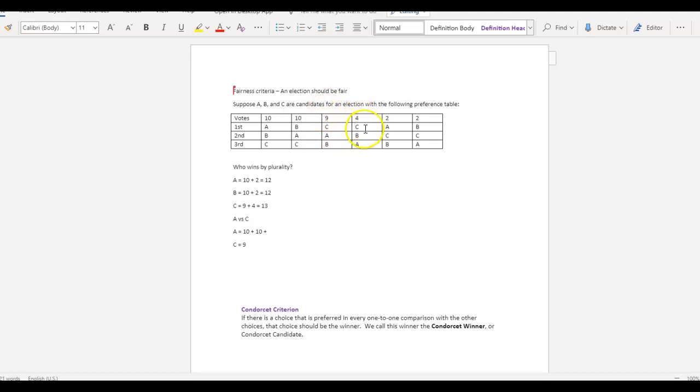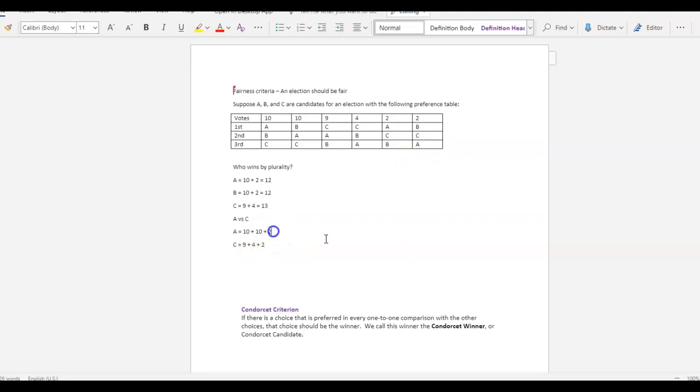C would get these votes because, again, they like C the best. But A, notice, would get these 2 right here. And here C is preferred over A, so it would get these 2.